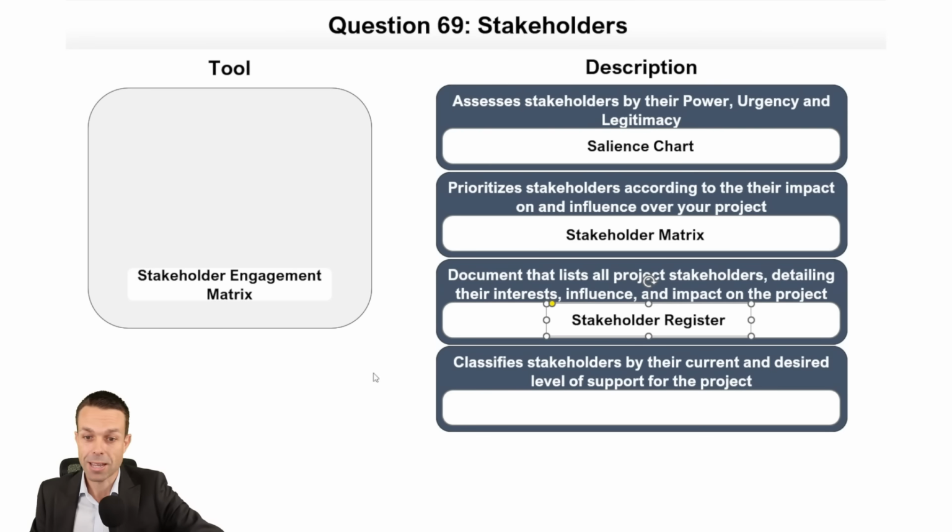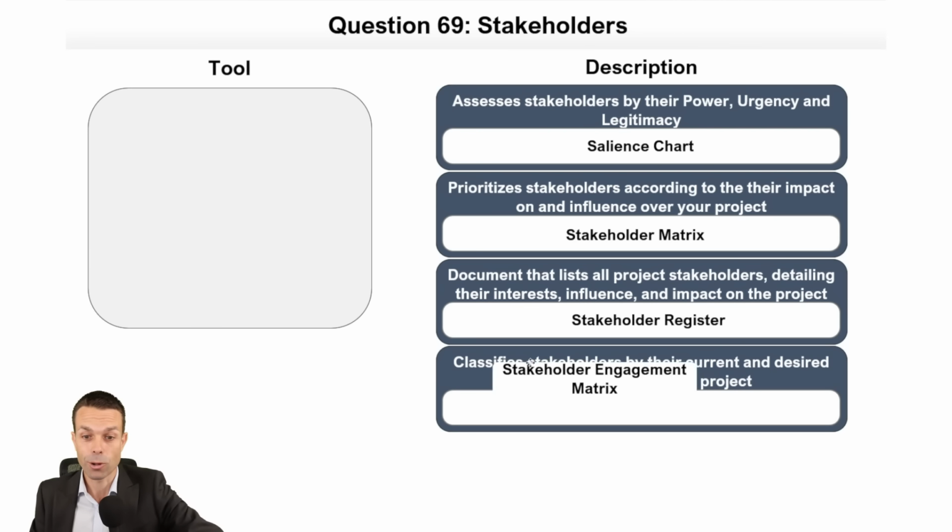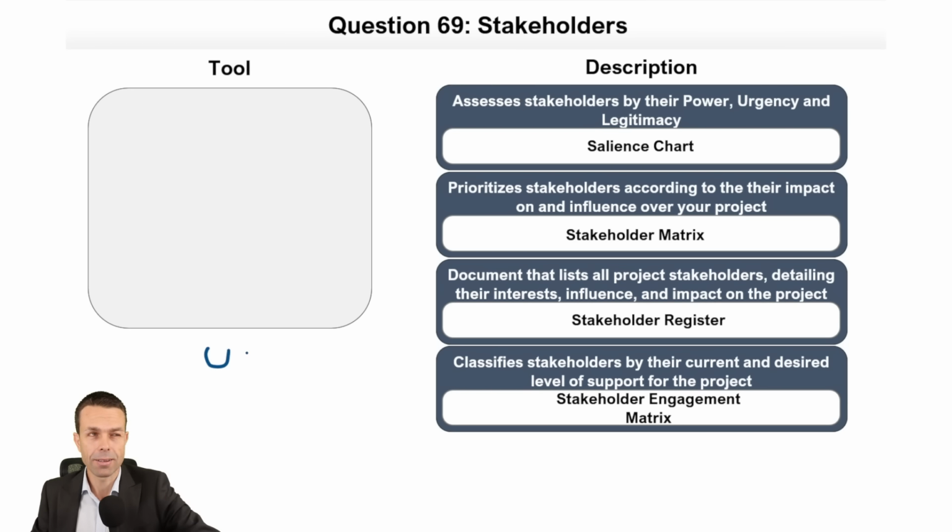And classifying stakeholders by their current and desired level of support is our stakeholder engagement matrix. Now, do you remember with the stakeholder engagement matrix how we rank them? It's are they unaware? Are they resistant? Are they neutral? Are they supportive? Or are they leading? And we want to put a C for their current state and a D for their desired state.